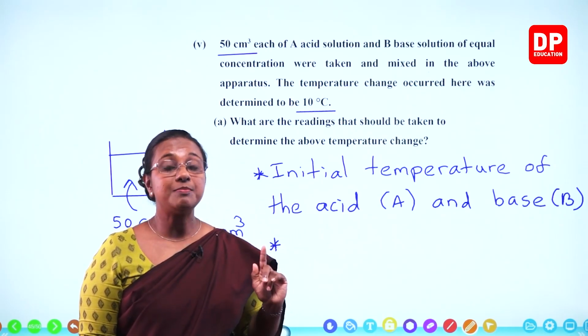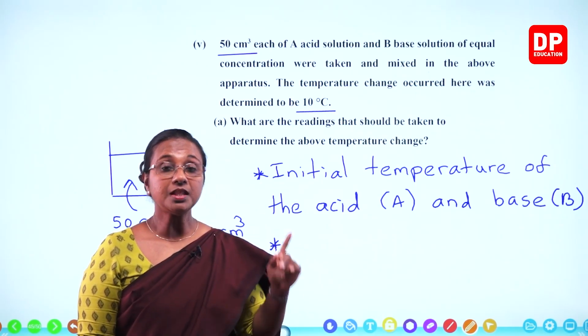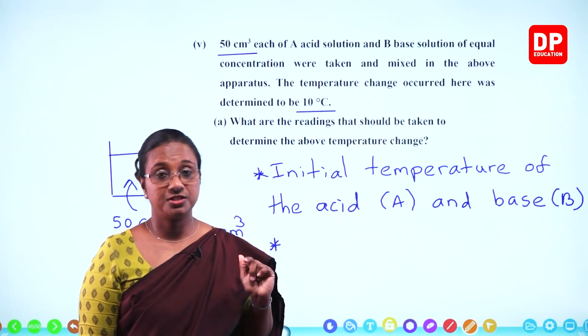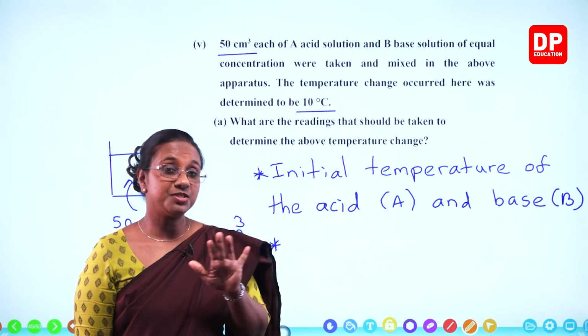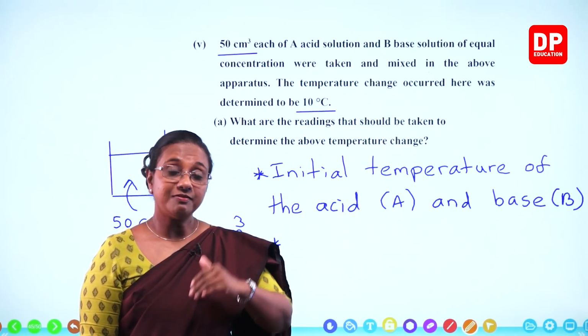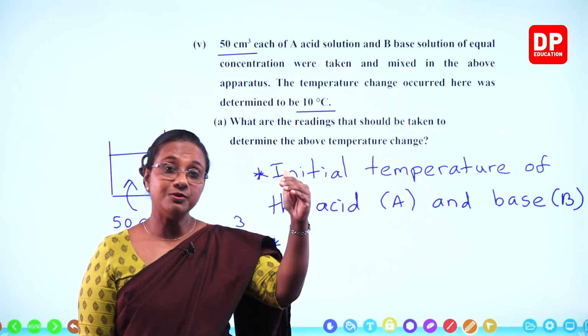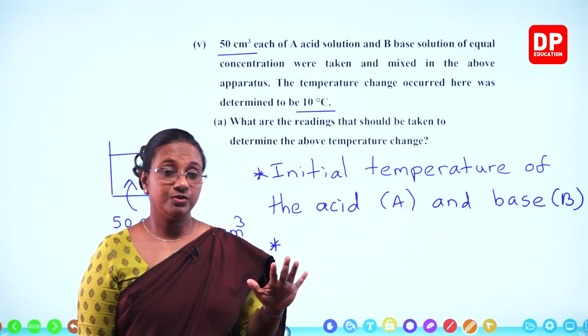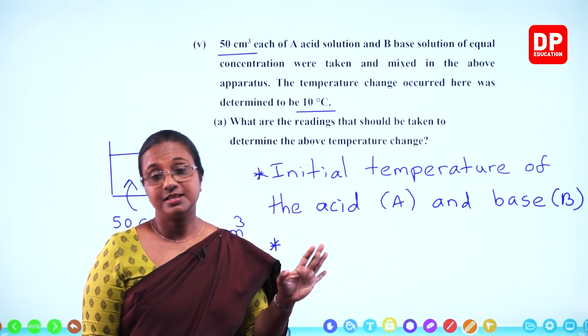But what is the temperature we consider? We consider the highest temperature reached, not the final temperature where we stop the activity. Because after the temperature goes to the high value, it will come down again. So we don't take that value. We take the highest temperature.